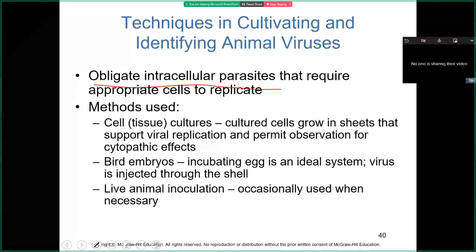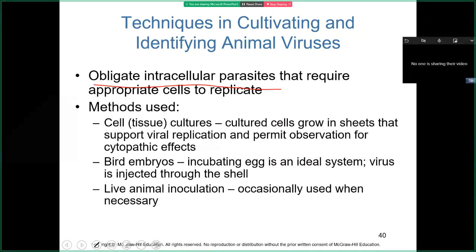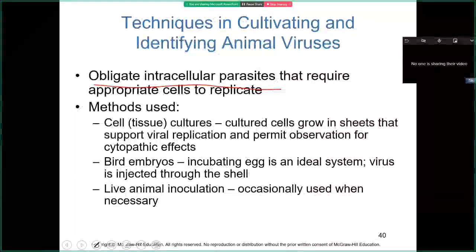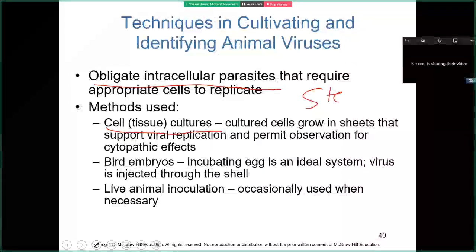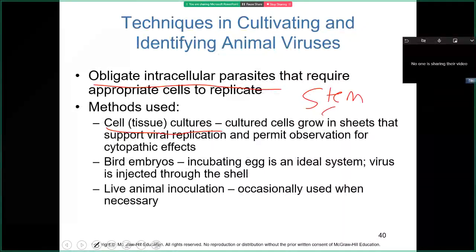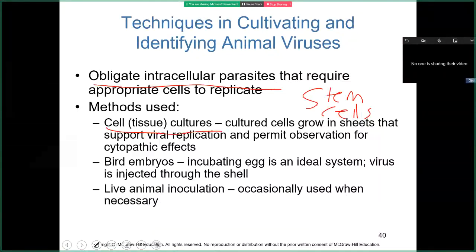And so what was developed back in the 20th century, about midway through, was this technique of cell culture, where we take stem cells, which are generalized cells that don't have a definite function yet. They can come out of bone marrow or other sources.